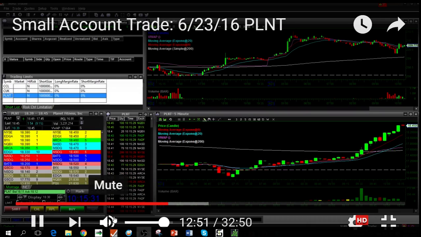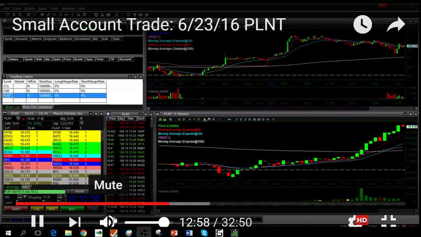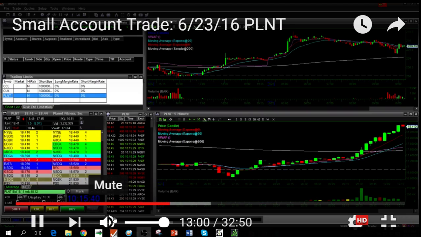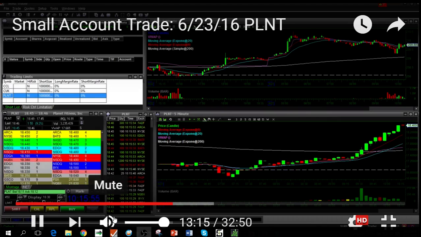But you also see me flipping back and forth between my Thinkorswim and this DOS chart. Now you see the small account trade at the top, all of this annotation, that's kind of to disguise my Thinkorswim account. So that's why I'm leaving it up there for right now.